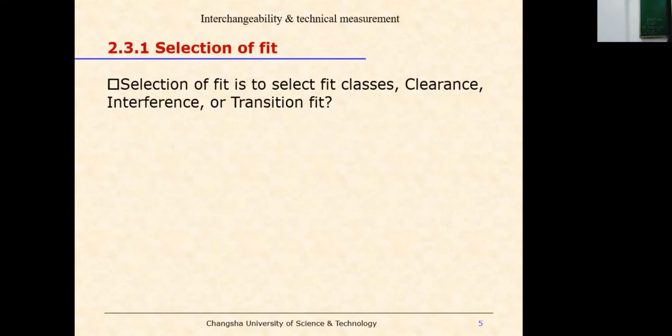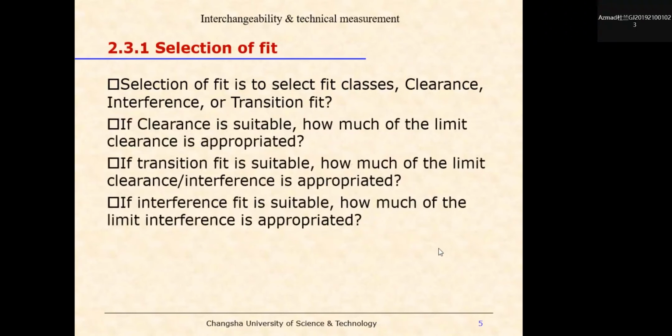Selection of fit is to select the fit class: clearance, interference, or transition. If the clearance fit is suitable, you know how much of the limit clearance is appropriate. This comes from the function of the assembly or part.